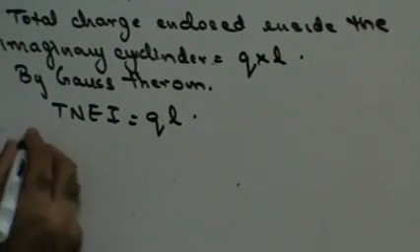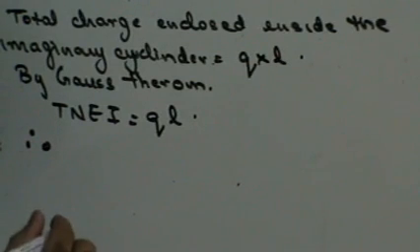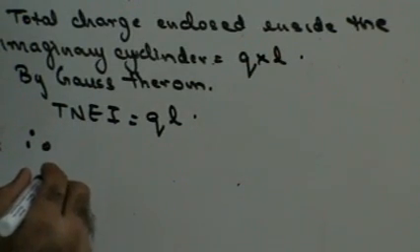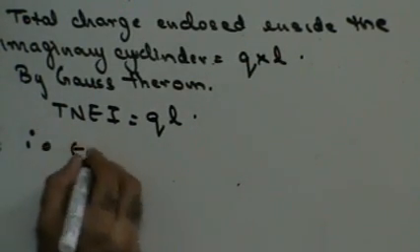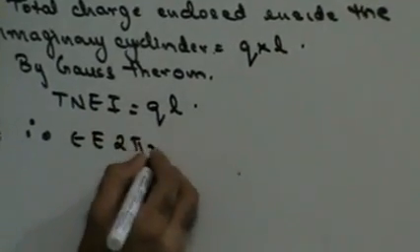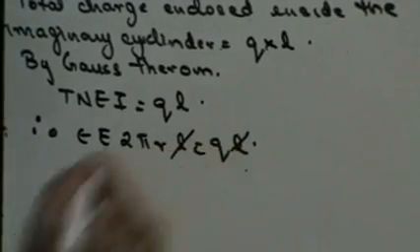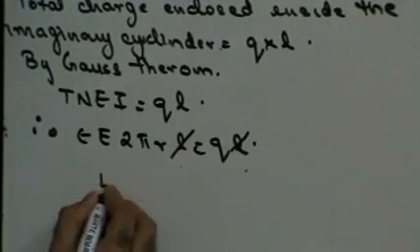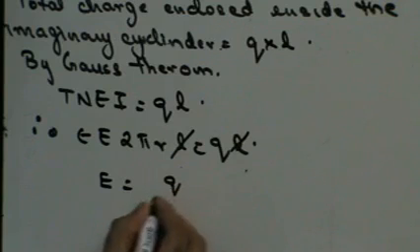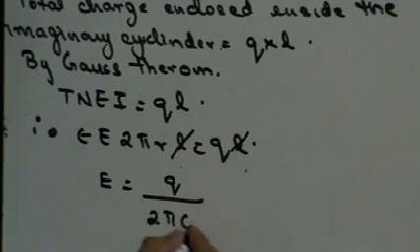Therefore epsilon E 2 pi RL is equal to QL. L and L get cancelled, in which case E is equal to Q upon 2 pi epsilon R. So this is the electric intensity at a point R from a charged cylinder.